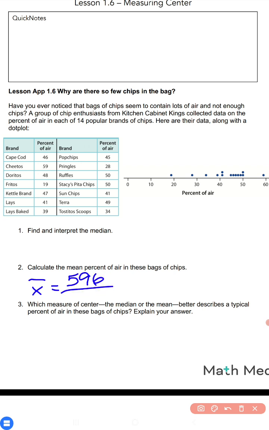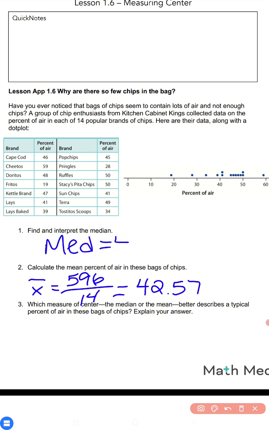I typed these numbers in my calculator before I started. Then I have to divide by how many numbers there are. They told us in the problem there are 14 different chip brands here. So I'm going to divide by 14, and I'm going to have to round a little bit, but the mean is approximately 42.57.